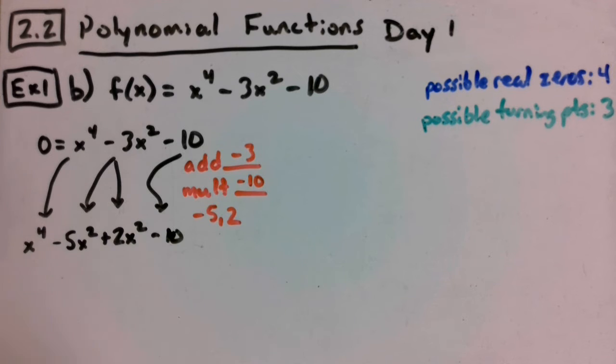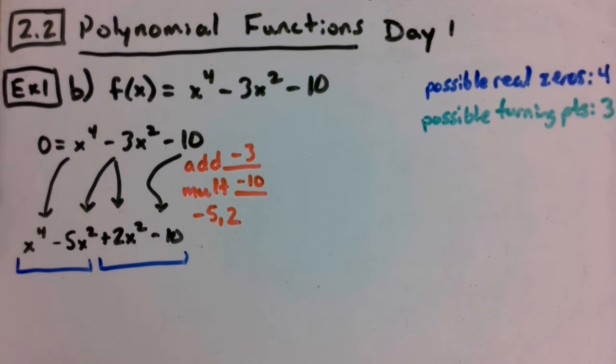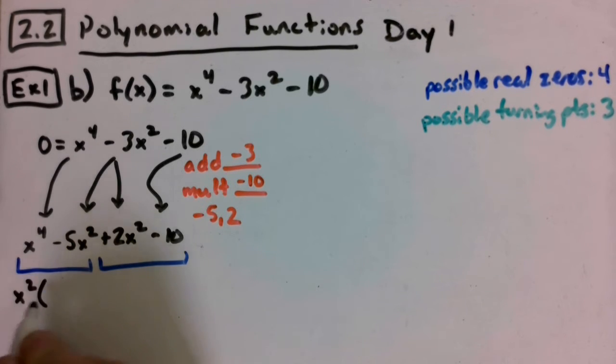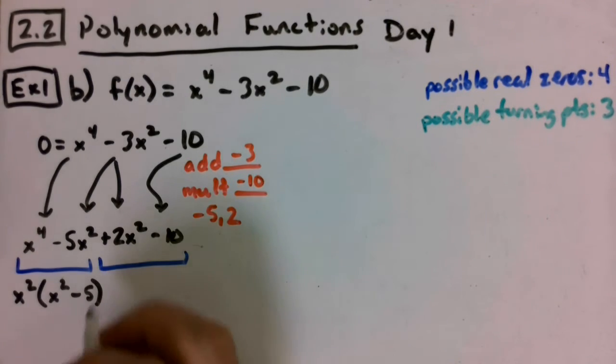From there, we try to factor these 4 terms by grouping, if possible. The first 2 terms have an x squared in common, and if I factor it out in front, I have an x squared minus 5 in the parentheses. The last 2 terms have a 2 in common. I could factor out a positive or a -2, but because the first term in this last group is positive, I'm going to factor out a +2.